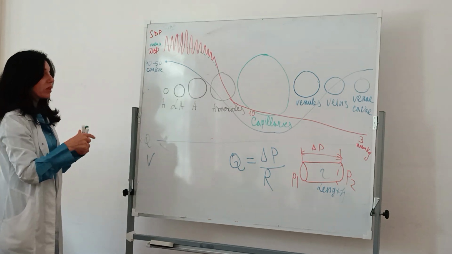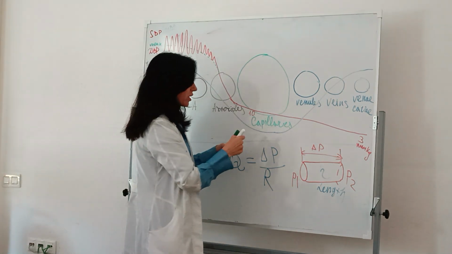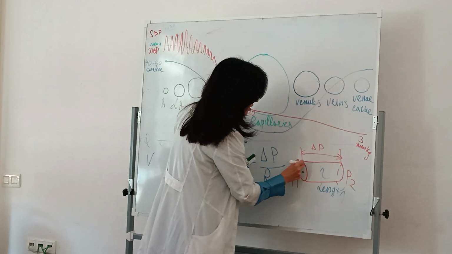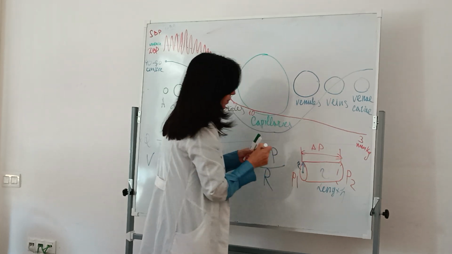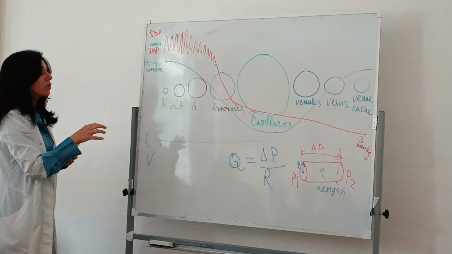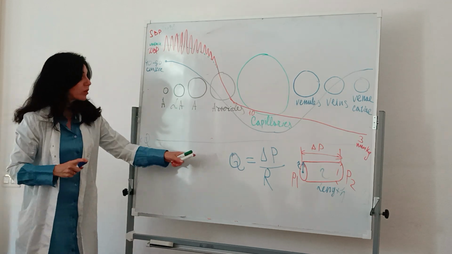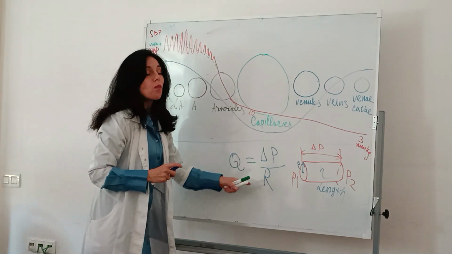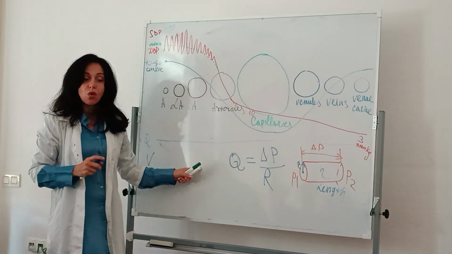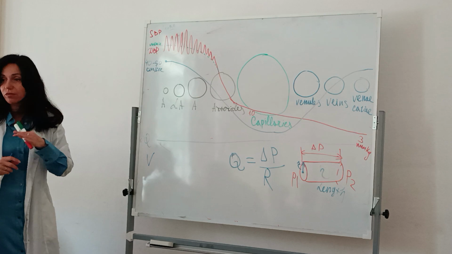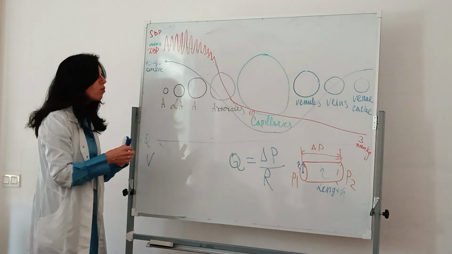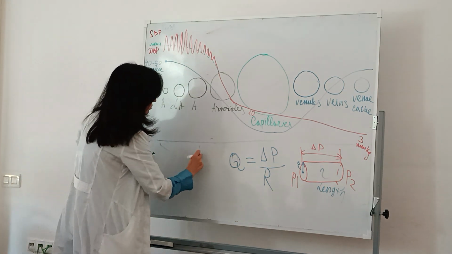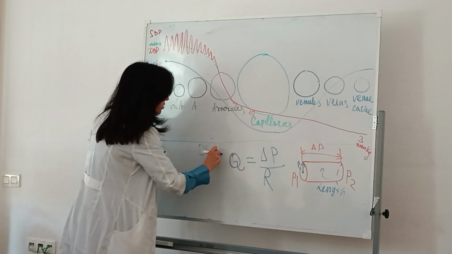And the blood vessel has diameter or radius. All factors influence blood flow. Here, Ohm's law, or the fluid Ohm's law.